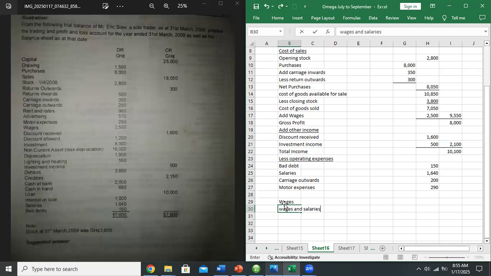So if you are solving the question and you see wages and salaries, then that one will be part of your operating expenses. But if you see only wages, please add it to your cost of goods sold in your trading account. Thank you very much. Okay, so motor expenses, Alexia, you give us your expense.